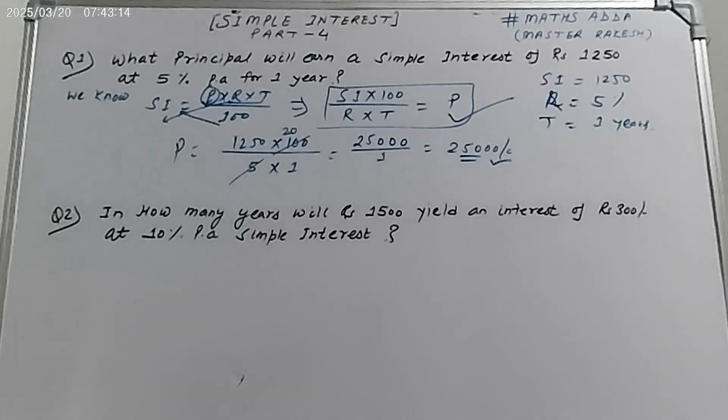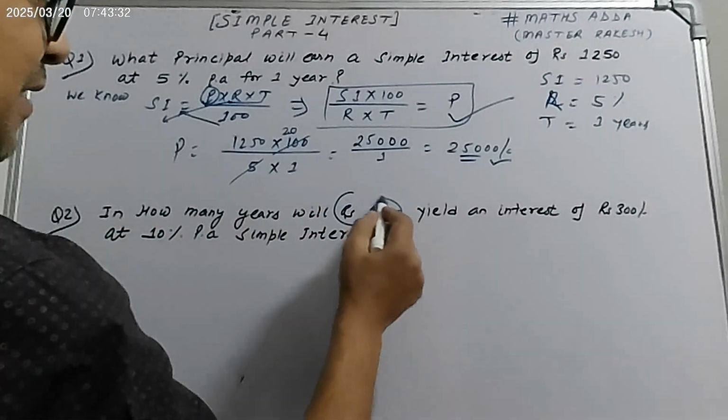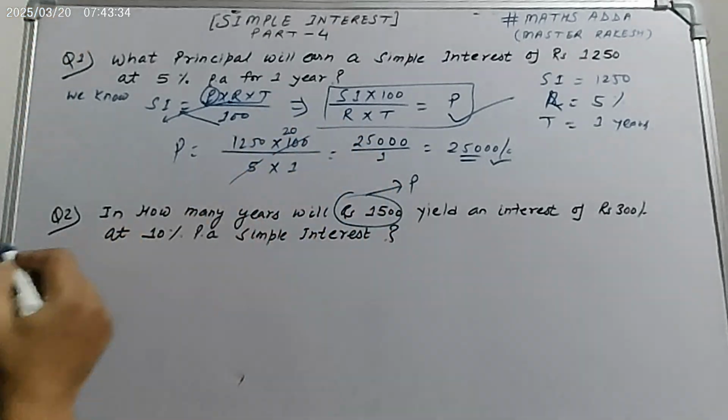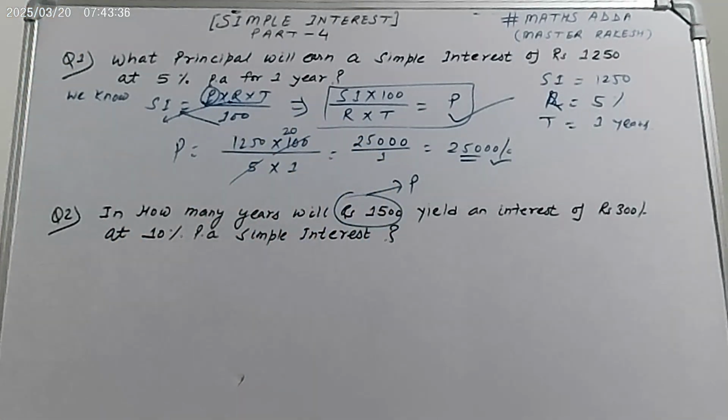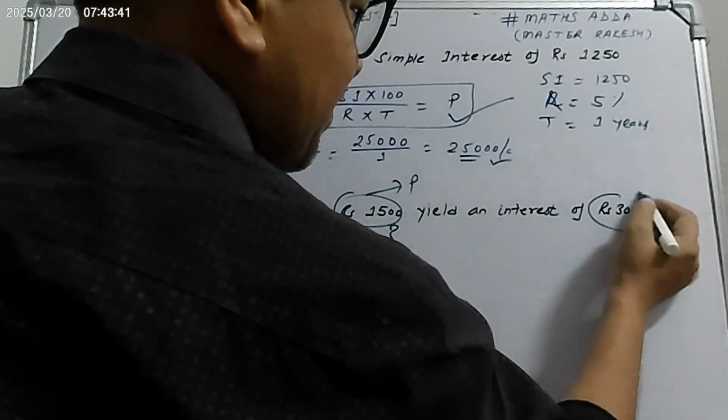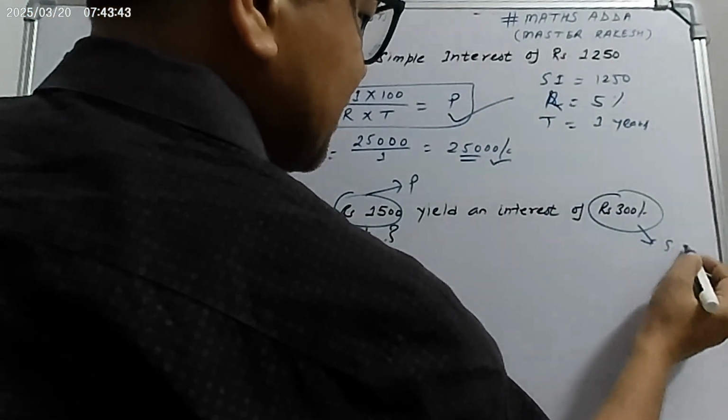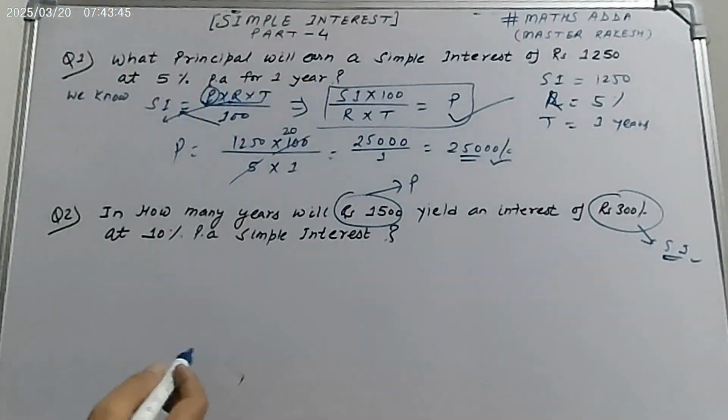The second question says, in how many years will 1500 yield an interest of 300 at 10% per annum simple interest? So P is given. Rupees 1500 is nothing but P. Interest of rupees 300, it is given in rupees, so it is simple interest, not a percentage.